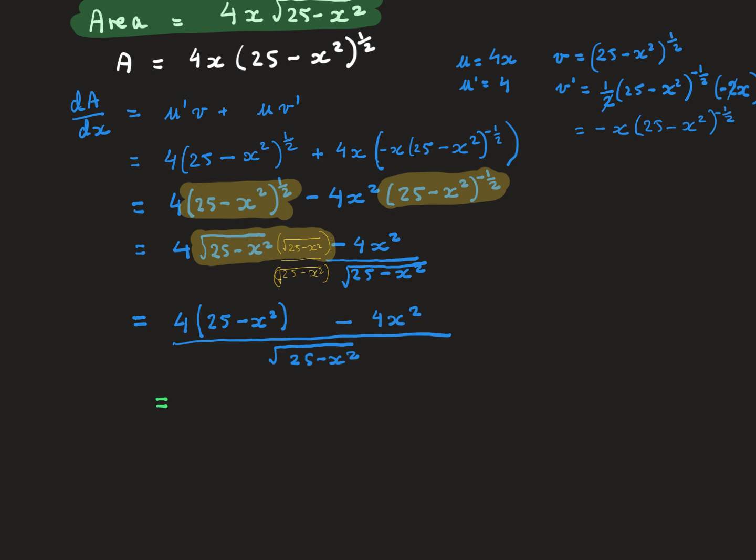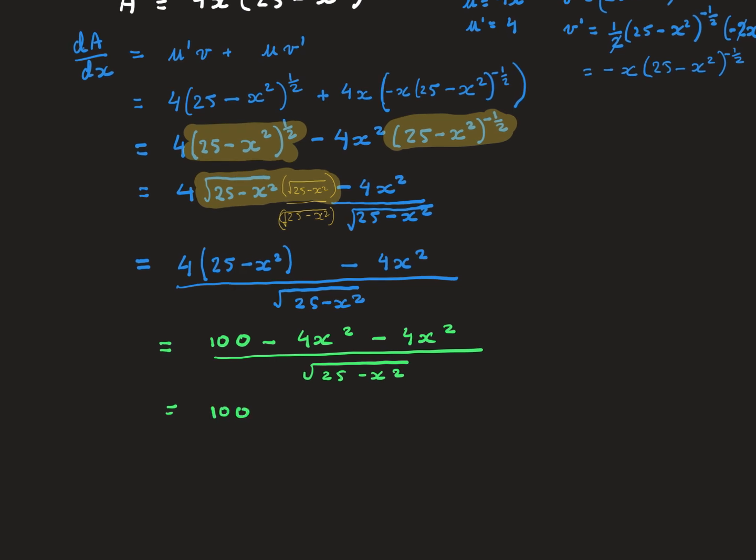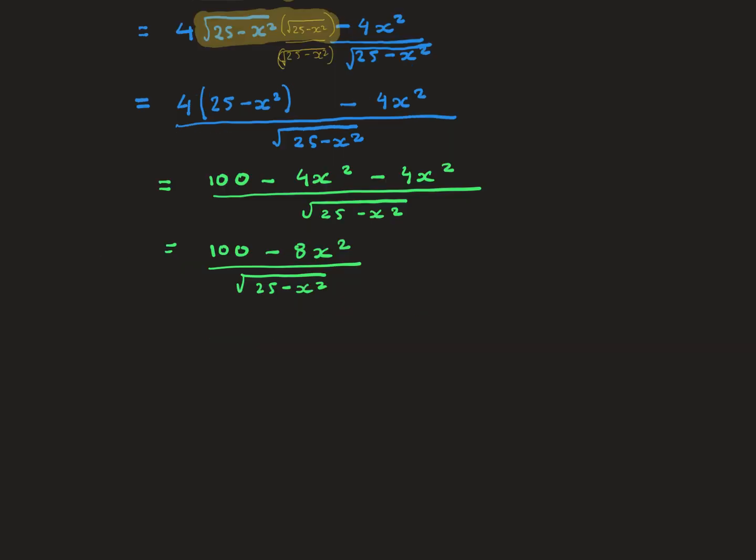And this, just to change color, ends up being 100 minus 4x squared minus 4x squared over the root of 25 minus x squared. Much easier now. I've got 100 minus 8x squared over root 25 minus x squared. Right, so that's my dA over dx.